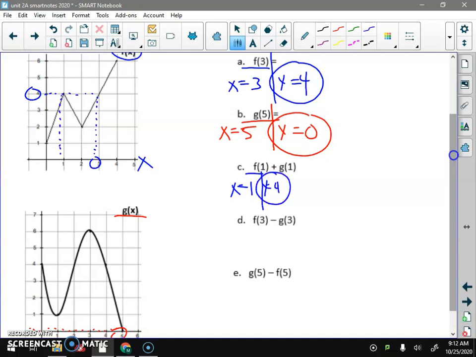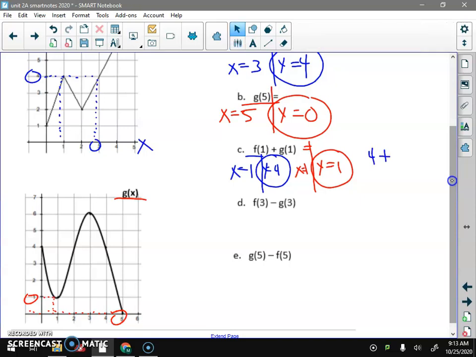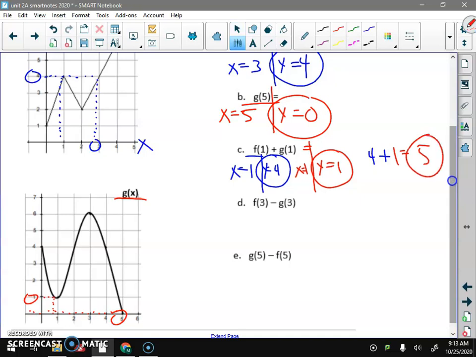Now G in red: x equals 1. Let's go to 1 on the G graph, up and over, y equals 1. But what we're going to do with those two is add them, so 4 plus 1, and the answer, as we all know, is 5.